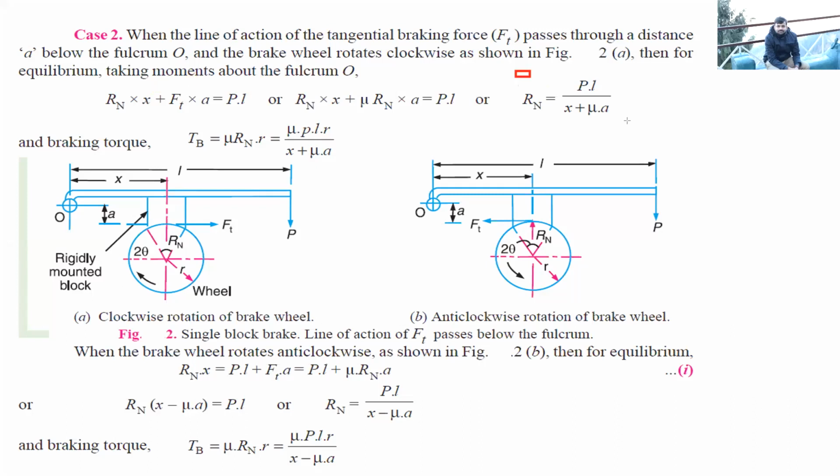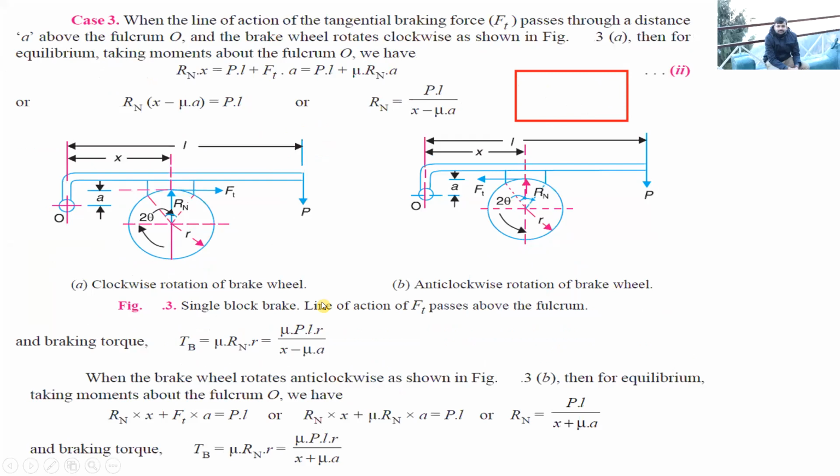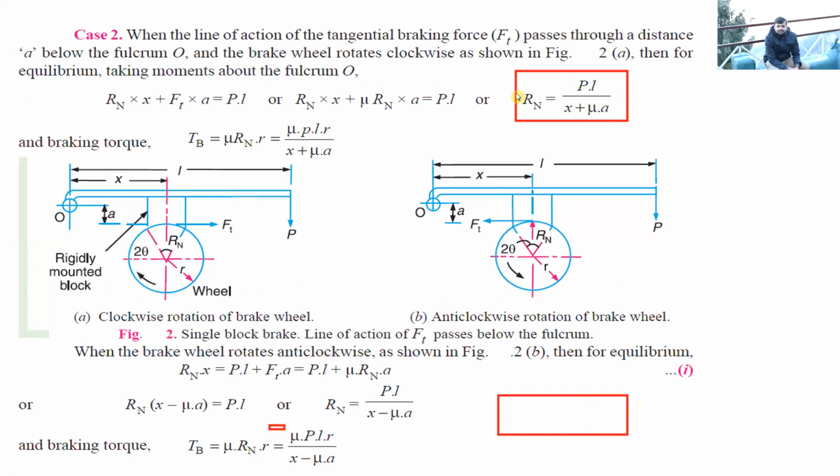So the clockwise rotation of case 2 and the anti-clockwise rotation of case 3 are similar to each other. That is, in the denominator, x plus mu into A in case 3 anti-clockwise, and in case 2 clockwise, it is x plus mu into A. So these two cases are very similar to each other.